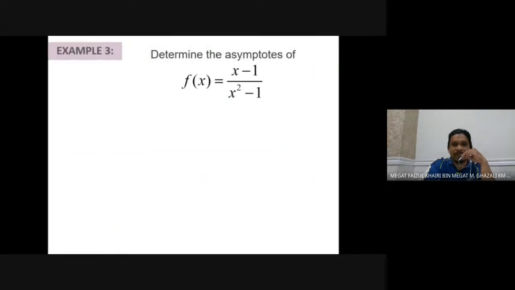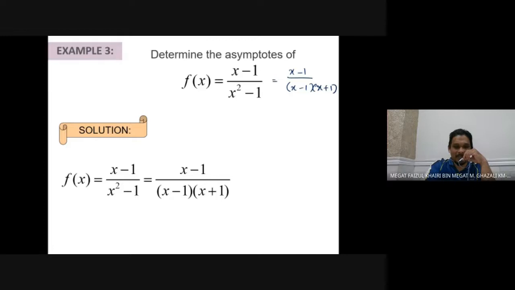Okay. Now determine the asymptote of (x minus 1) over (x squared minus 1). Okay, from the rough picture, we might think that this is (x minus 1) divided by (x minus 1)(x plus 1). Okay, we'll see. That's it: (x minus 1) divided by (x minus 1)(x plus 1), where x cannot be equal to positive or negative 1.